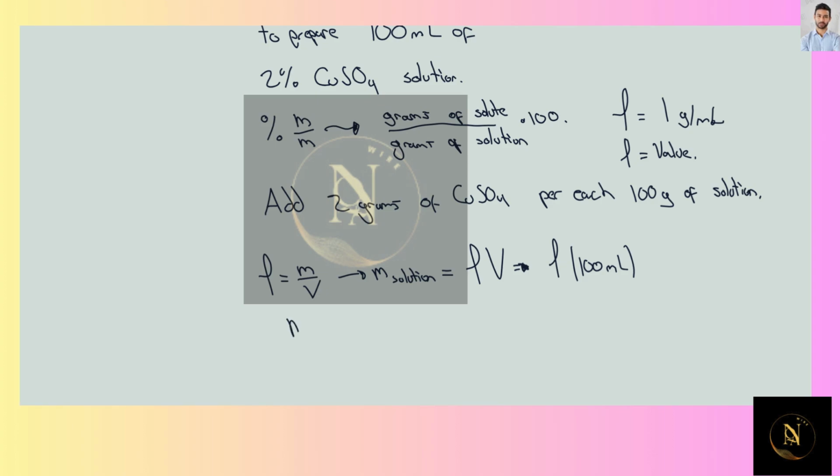In order to know the mass of the copper sulfate that you need to employ, what you're going to do is employ the concentration. So you're going to have the mass of the solution, and you're told that per each 100 grams of solution, you're going to require 2 grams of copper sulfate.